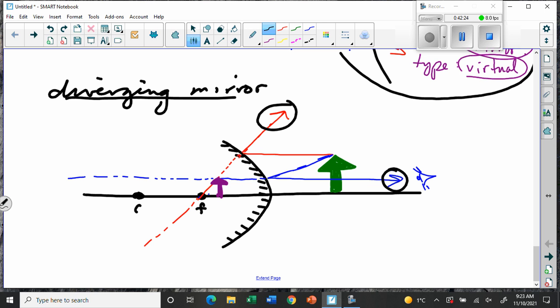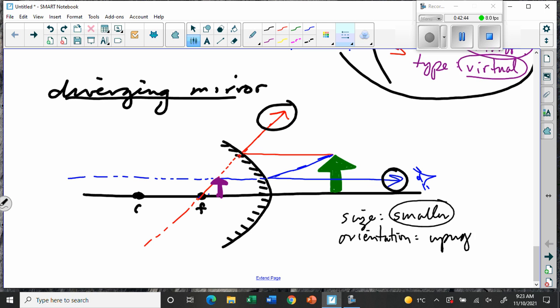That's important. Then what do we got? Well, we have the characteristics of this image. So, first of all, the size: smaller. The orientation: this one is upright, not inverted. The position is inside the mirror.